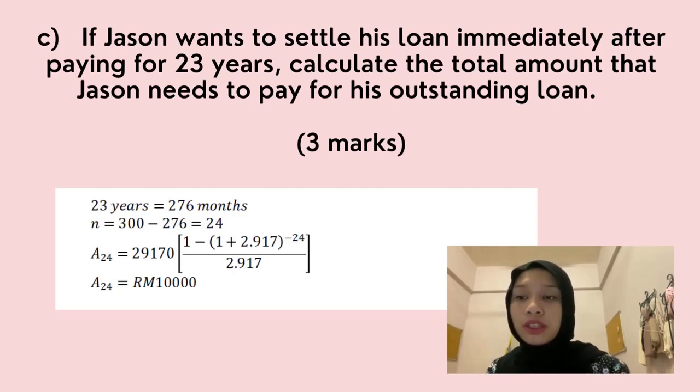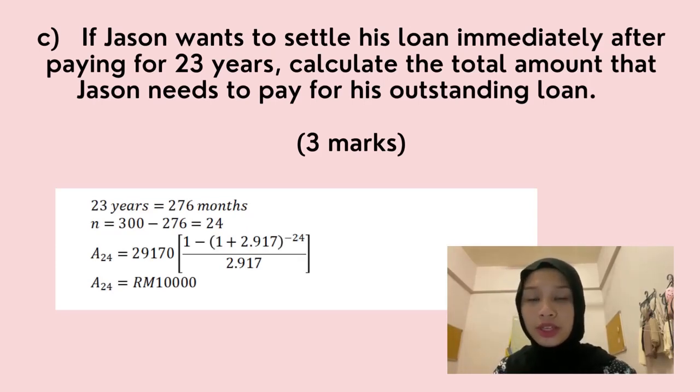Total amount is A. So A24 equals 29,170 open brackets 1 minus open small inner brackets 1 plus 2.917 close inner brackets power minus 24.